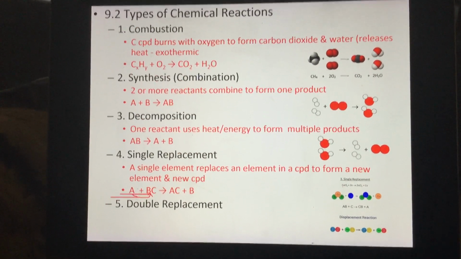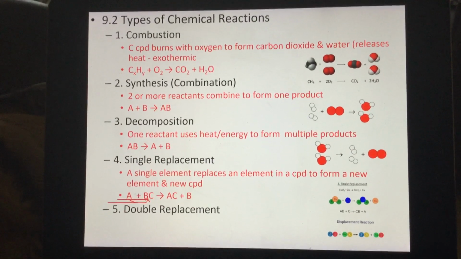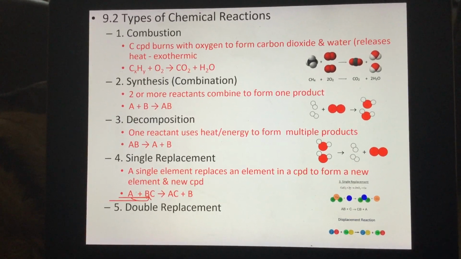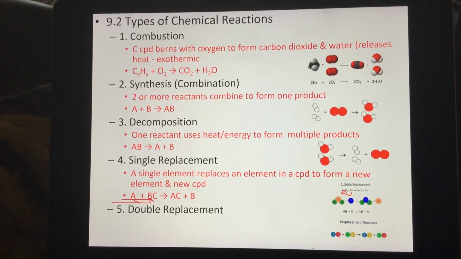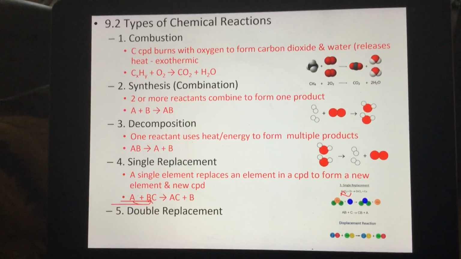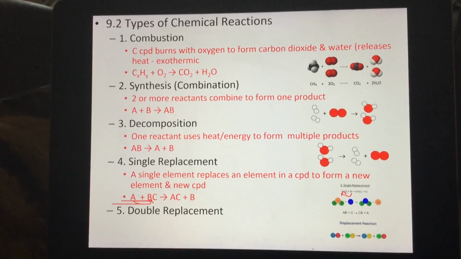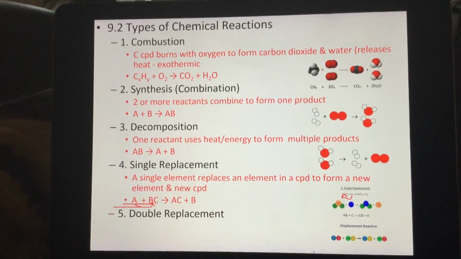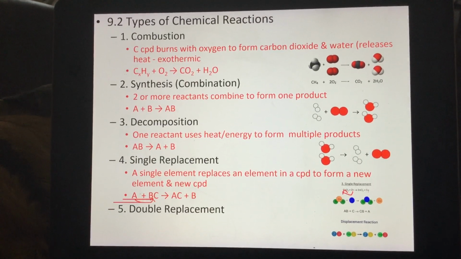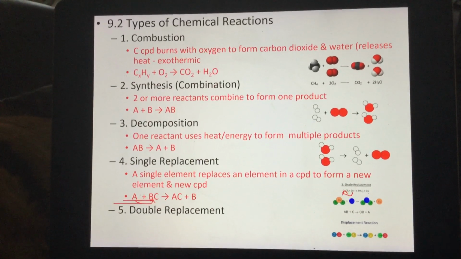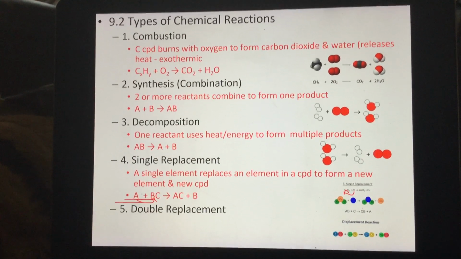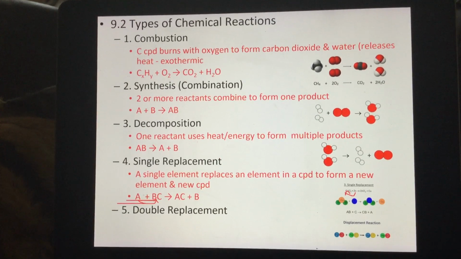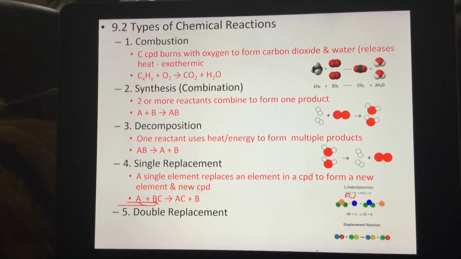That would be the compound reacting with single element zinc, and what happens is the zinc comes in and replaces the copper to form the new compound zinc chloride, and the element copper is all by itself now. So that's what we call single replacement, where we are replacing a single element in a compound to form a new single element, new compound.